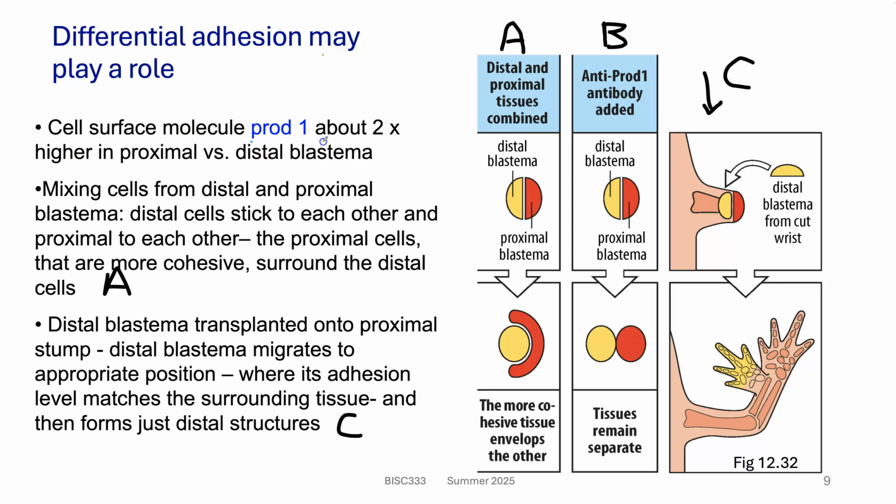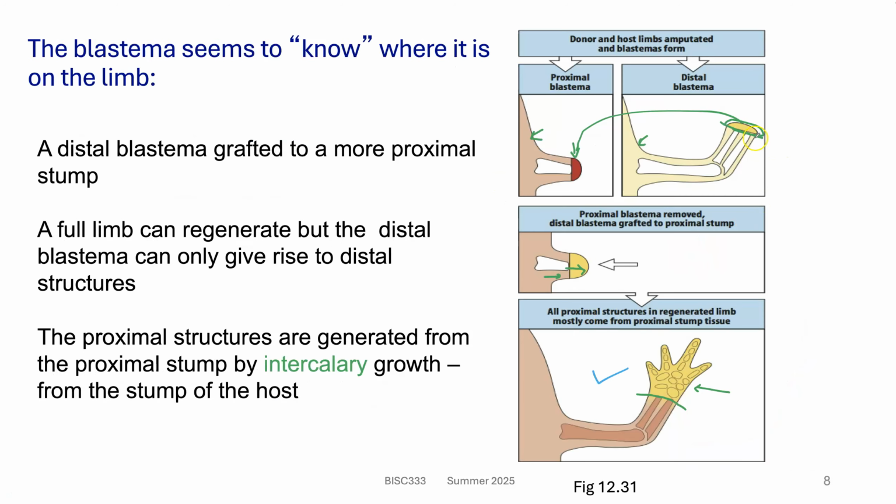But we also know that there is differential adhesion, and you can show that the adhesion differs by taking a distal and a proximal blastema from an experiment like this. You take those tissues. If you remove them and you don't graft anything on there, the cells can reform it and still regenerate the limb, right?